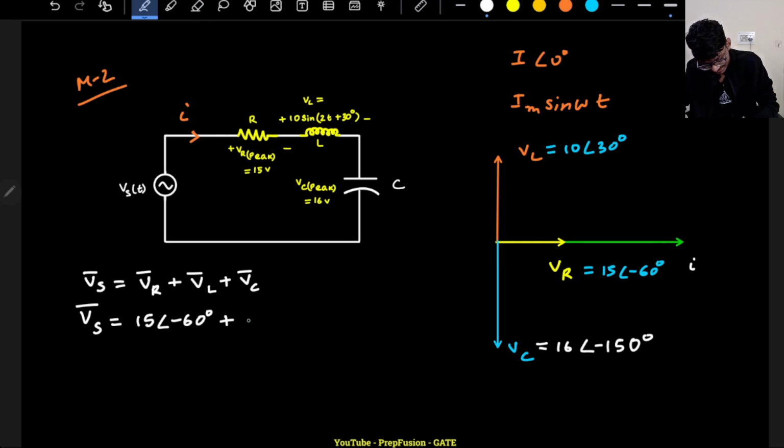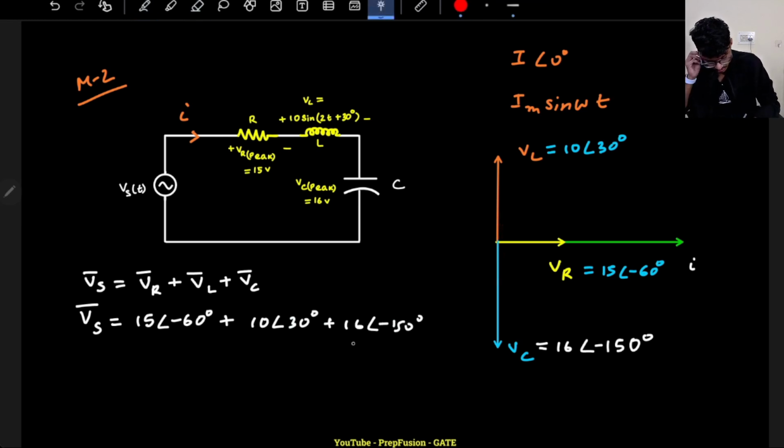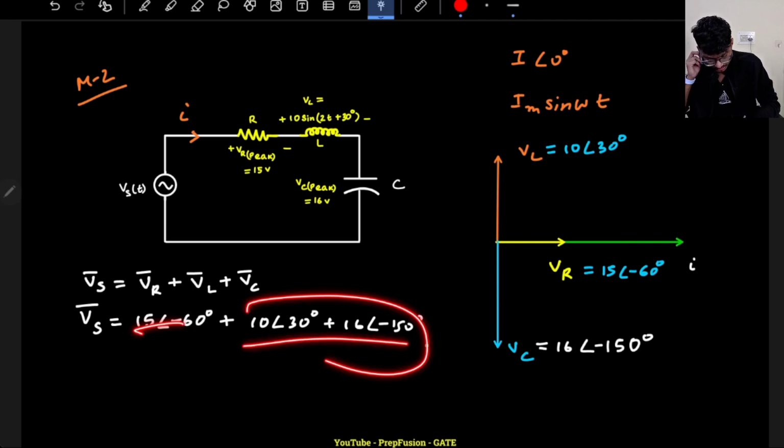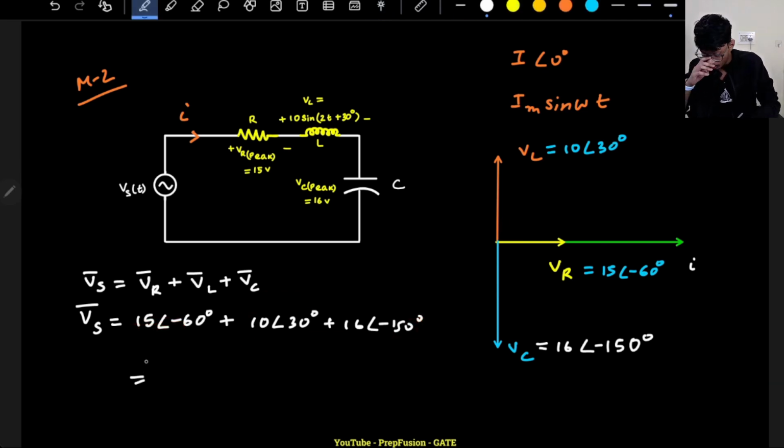VR is 15 angle minus 60, VL is 10 angle 30 and VC is 16 angle minus 150. You will get back the same answer only, there will not be much of a difference because there is a 90 degree phase shift. In phasor the angle will be different.